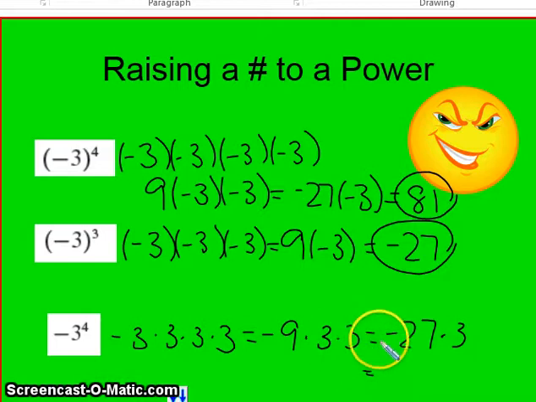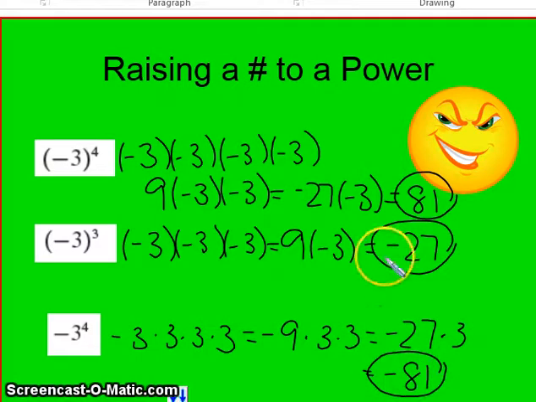And when we do that final multiplication, we still have that negative out there, and 27 times 3 is 81. So our answer there is negative 81. Now that rule I said about even powers being positive and odd powers being negative only applies if the negative is inside the parentheses. Otherwise, you're taking the number to the power and then just making it negative at the end.